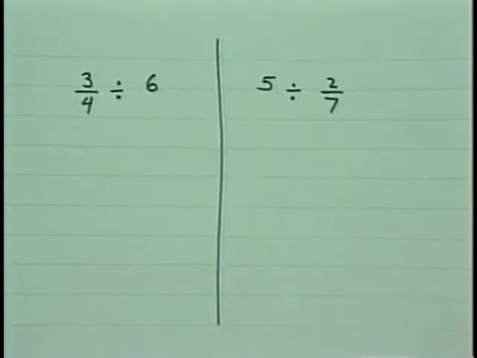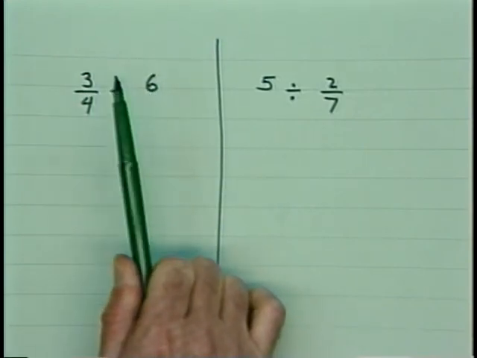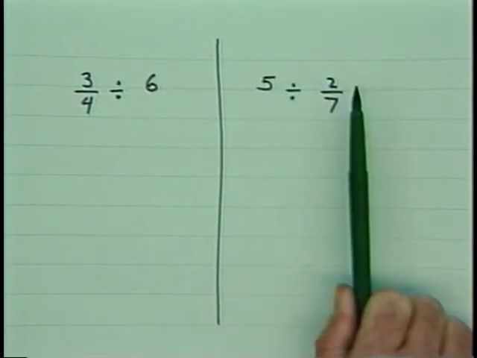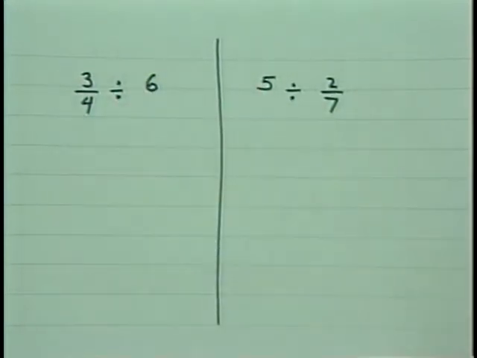In this one, I'm dividing a fraction by a whole number, and here a whole number being divided by a fraction. The point we're trying to make is the same as in the last 2 problems, that what the numbers are does not determine the rules for division. They stay the same forever.